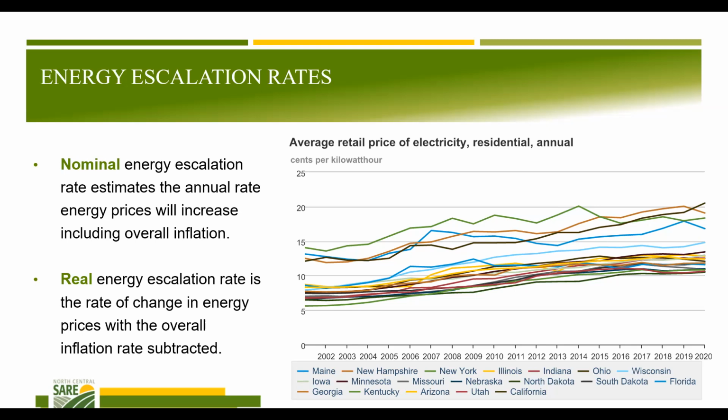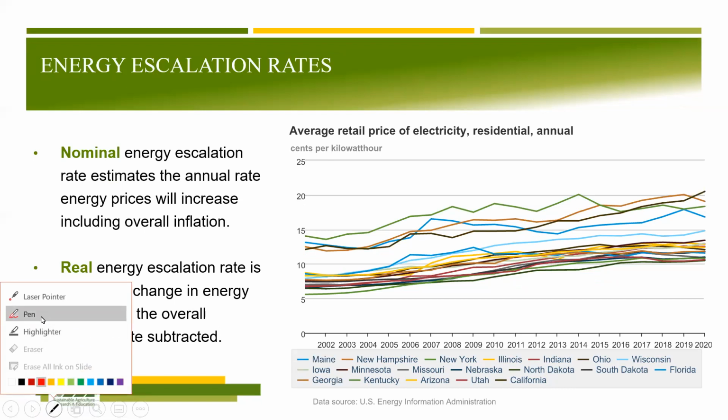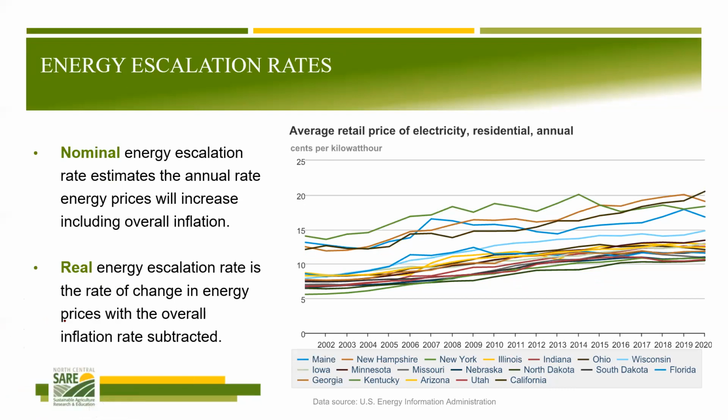So it's looking at both energy escalation, but also has inflation baked into it. So the energy rates were not indexed to a specific year. And you could make the case based on what's happening in the markets, what's happening with policy, that yeah, I think we could expect in the next 20 years that this rate of increase for energy cost could increase.